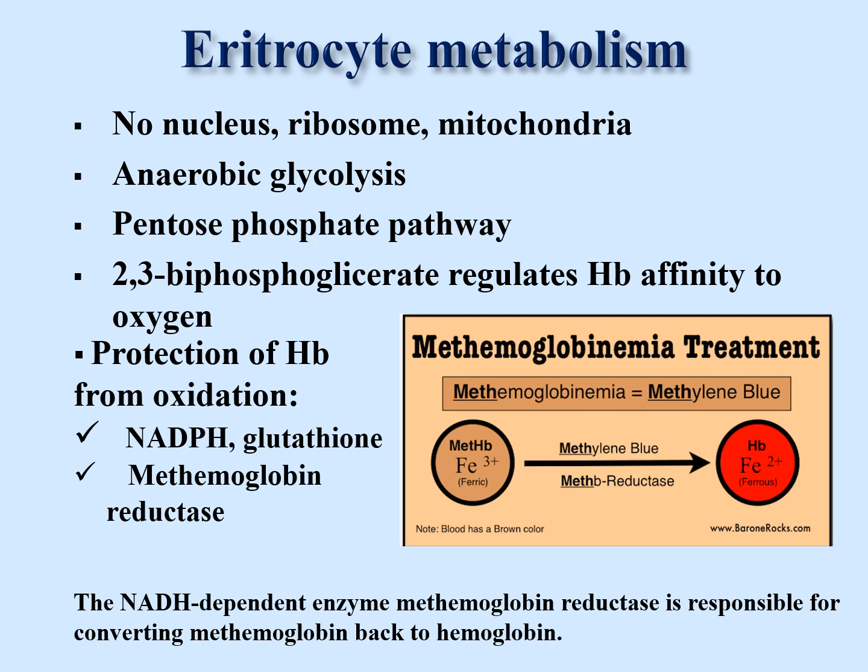In the next specificity, in erythrocytes, the pentose phosphate pathway is a very powerful process of glucose oxidation. Why, I'll explain later. In erythrocytes, there is production of 2,3-bisphosphoglycerate because this compound is necessary for regulation of affinity of hemoglobin to oxygen.